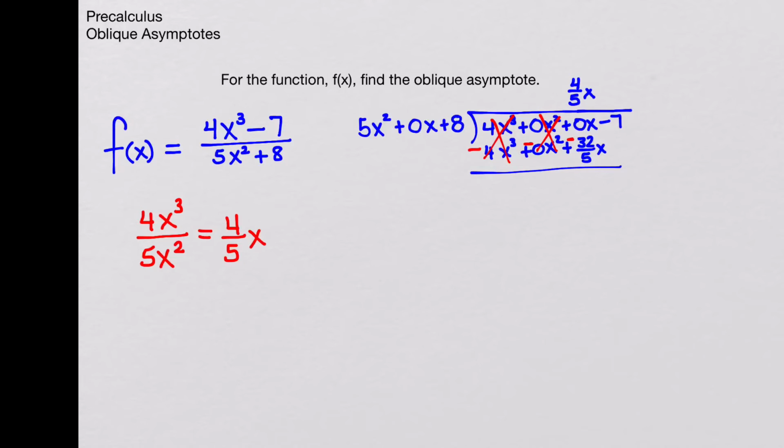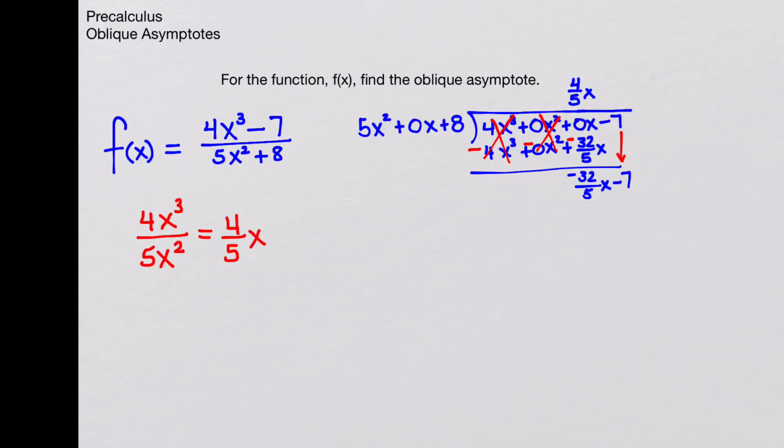So what this leaves me with is a negative 32 over 5x. And then I'll bring the minus 7 down. And now I have two terms left.